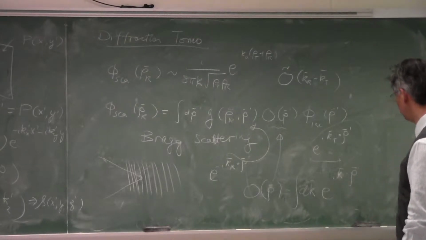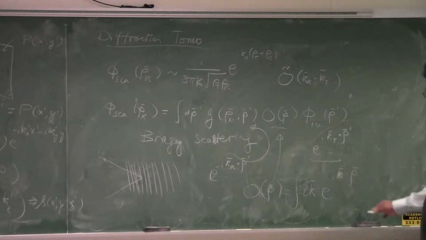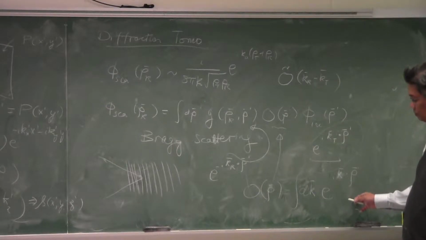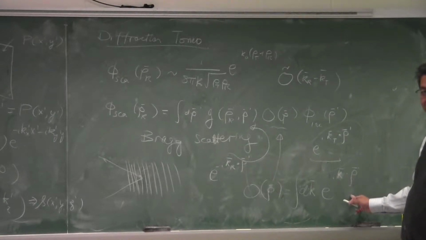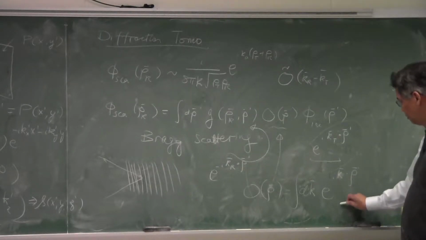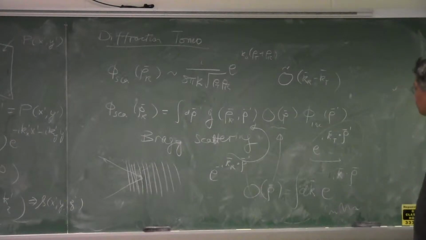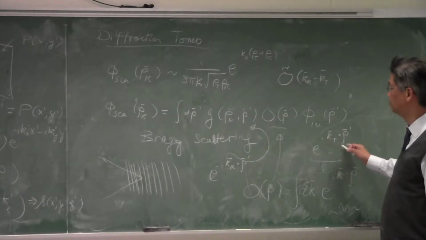If you write this in terms of Fourier transform, you can think of this as being a linear superposition of sinusoidal functions. And linear superposition of sinusoidal functions can be thought of as a series of gratings with different wavelengths. Okay? And then you get to illuminate this object with an incident wave.